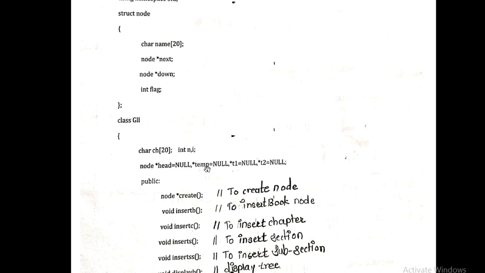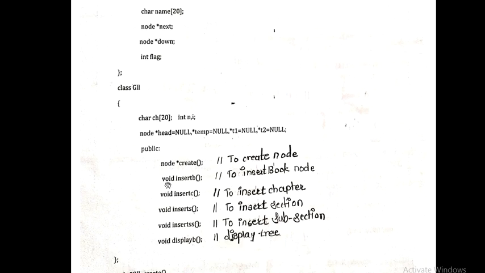Again we have created one temporary node that will be required throughout this program, which initially we have declared as null. Again some pointers we have created, like t1, t2, that will be required for the further execution and operations. So all of these declared pointers we have initialized to null first.